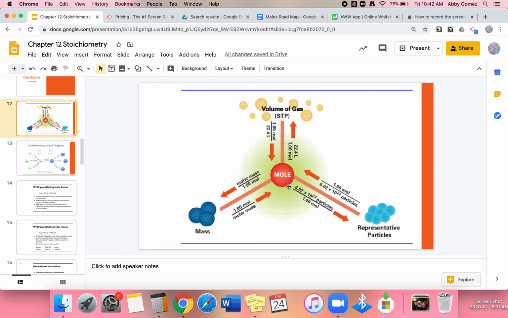We compared it to like a dozen apples. Instead of counting out each apple, you just say there's a dozen and you know how many there is. Same thing with the mole. It helps us have an amount that's tangible. And we said that that amount of 1 mole is equal to this 6.02 times 10 to the 23rd particles.